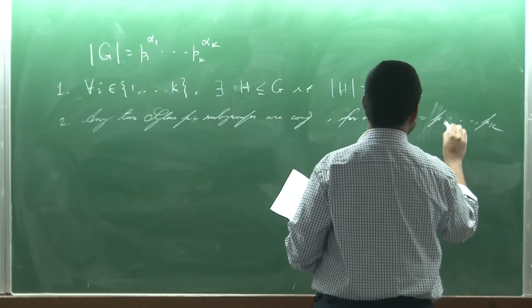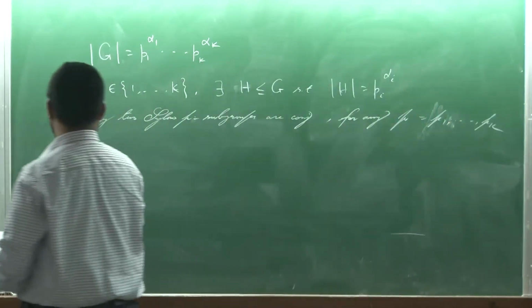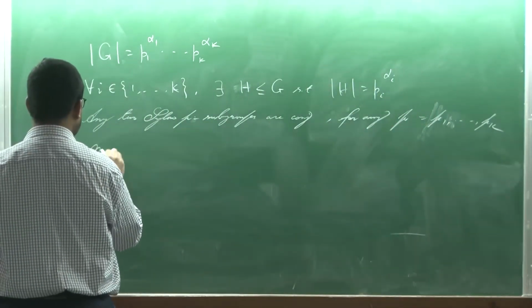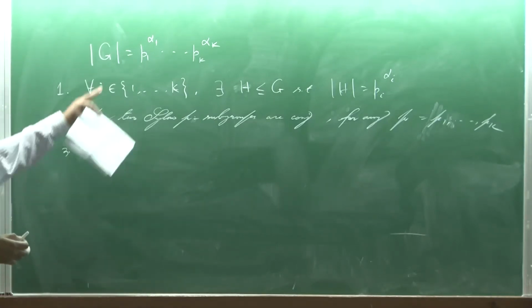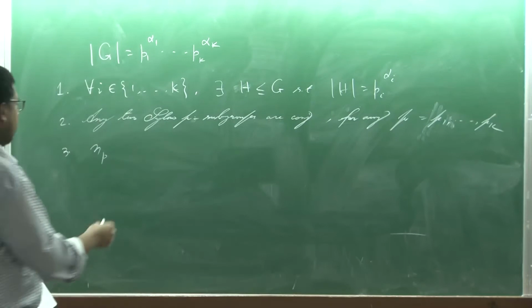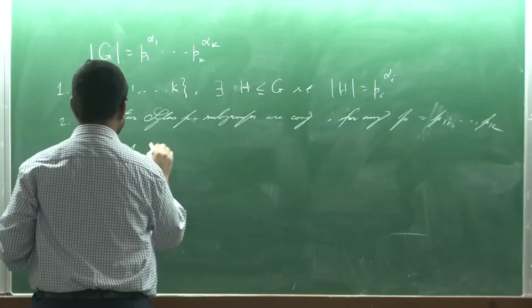The third theorem says that, letting n_p denote the number of Sylow p subgroups for a prime p dividing the order of G, n_p is congruent to 1 modulo p.